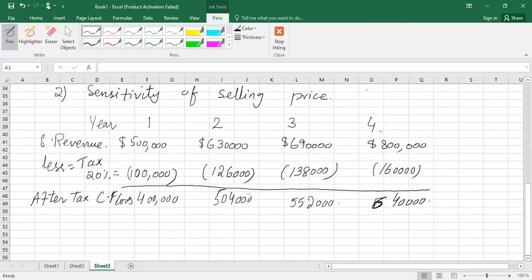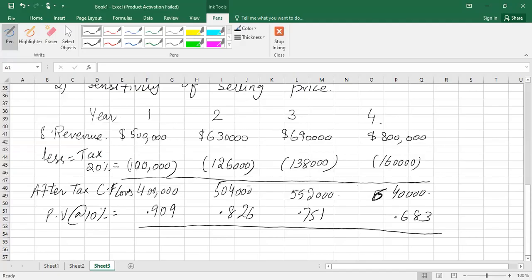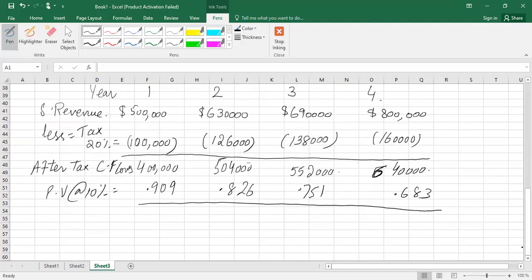Now we will calculate present value. Suppose the present value factor is 10%. For year 1, we have 0.909, 0.826, 0.751, 0.683. Then 414,552.